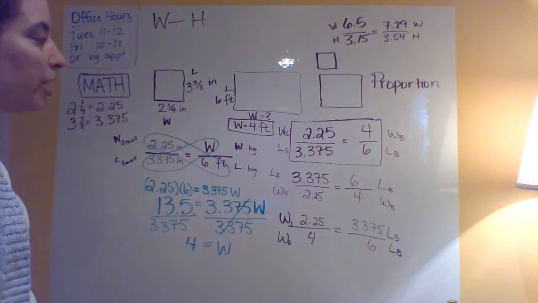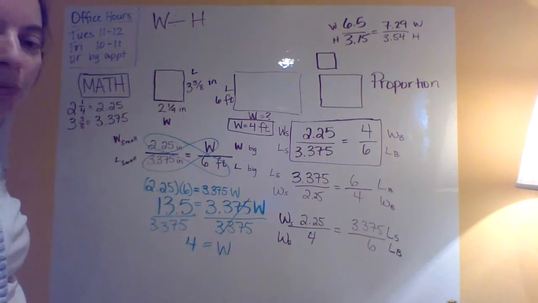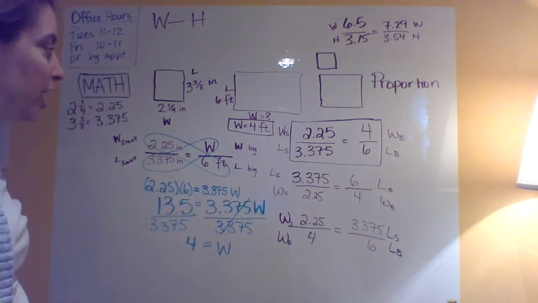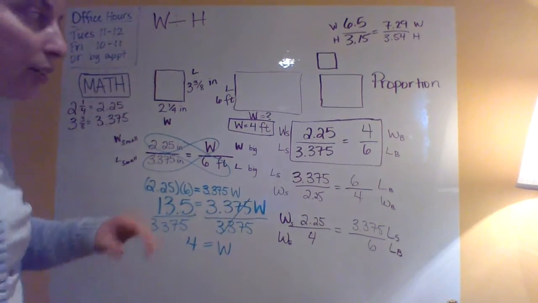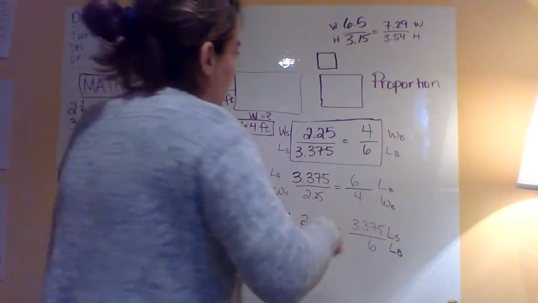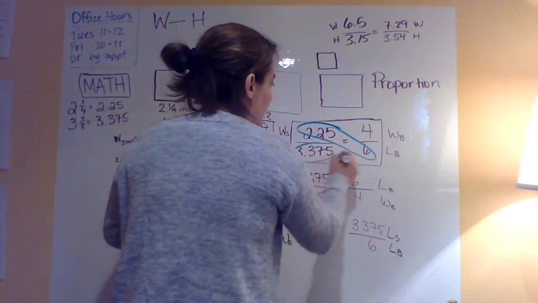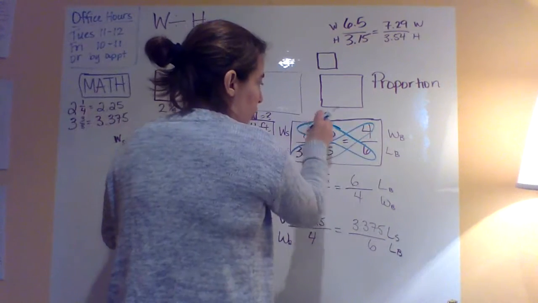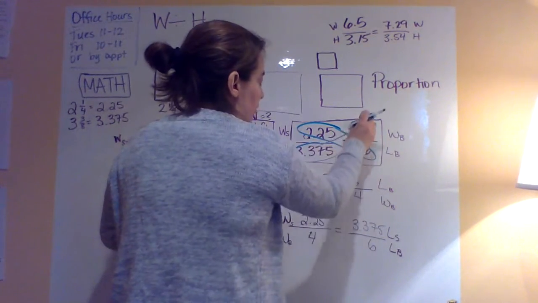How do I know these are all the same? Well, think about this method, cross multiplying. If I have a proportion, if I'm not looking for something, I can still cross multiply, and what happens is that the cross products, the things we get when we multiply, have to be the same. So I can see, even if I don't actually do the work, that I am multiplying 2.25 times 6, and then I'm multiplying 3.375 times 4.